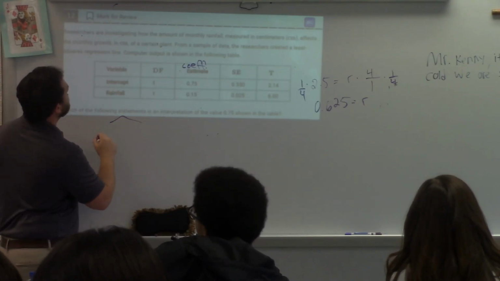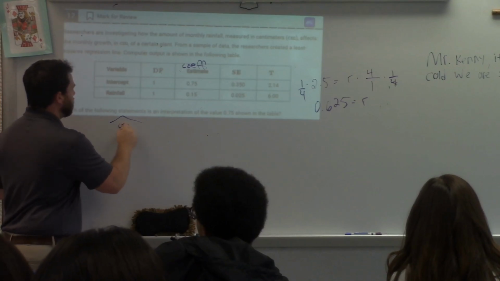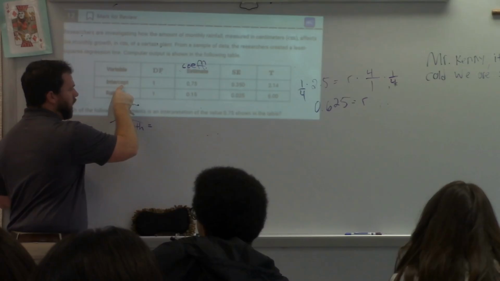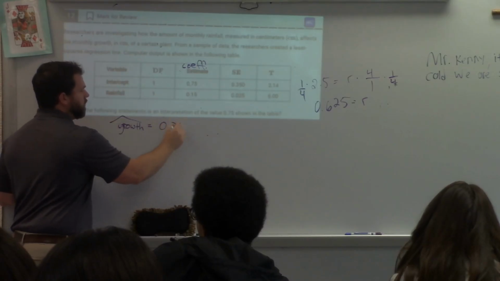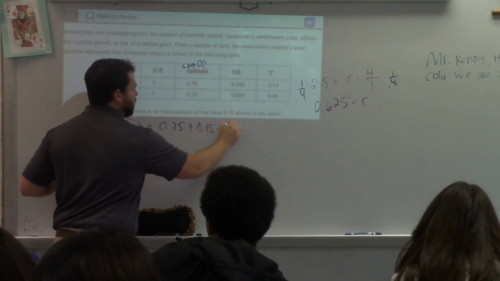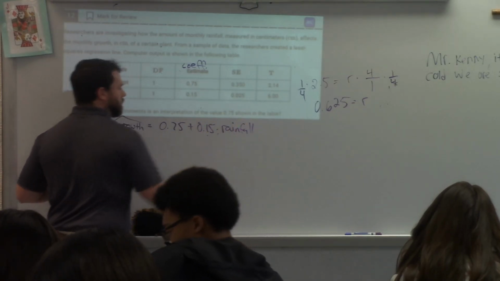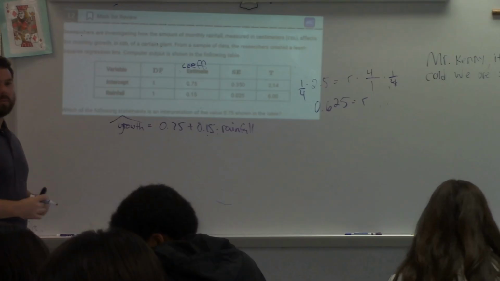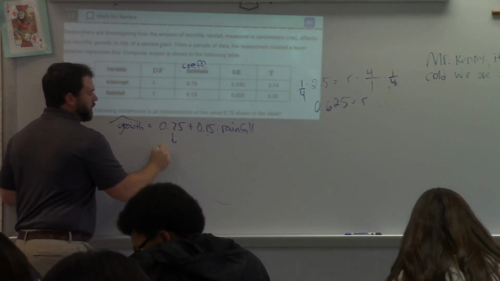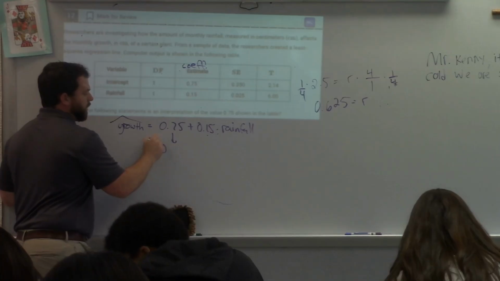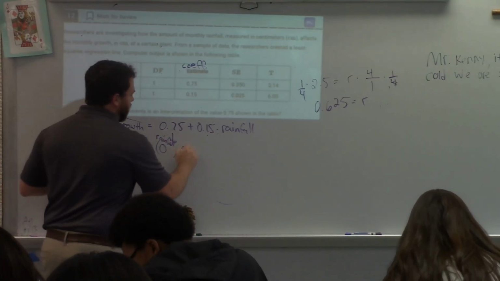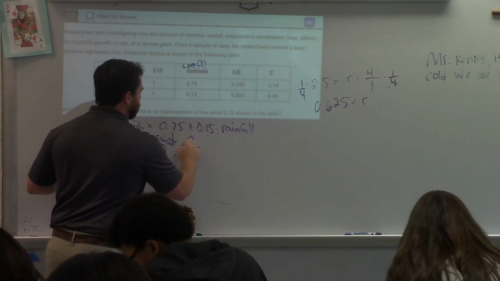We are predicting the growth is equal to the coefficient of my y-intercept plus 0.15 times the rainfall. Notice I've labeled it.